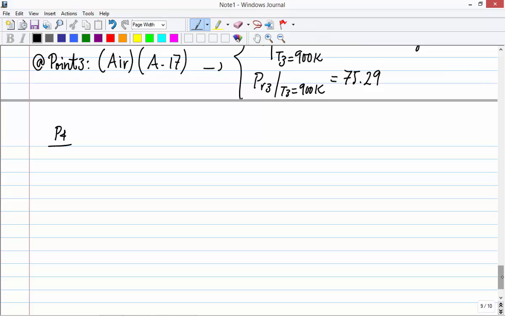Then we know that P4 divided by P3, isentropically, equals the ratio of relative pressures. Here we don't have anything about the specific volumes, so we're going to use this ratio. After the turbine the pressure is 8 times smaller, so this would be 1 over 8.